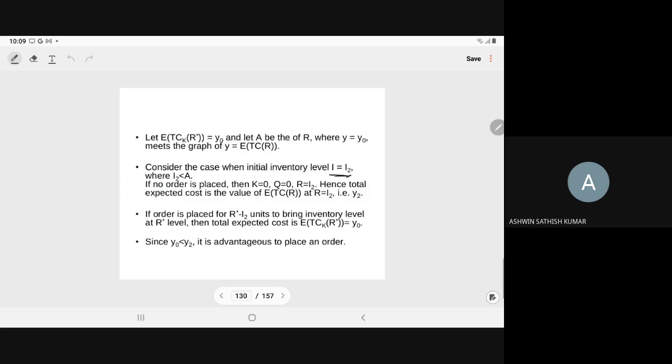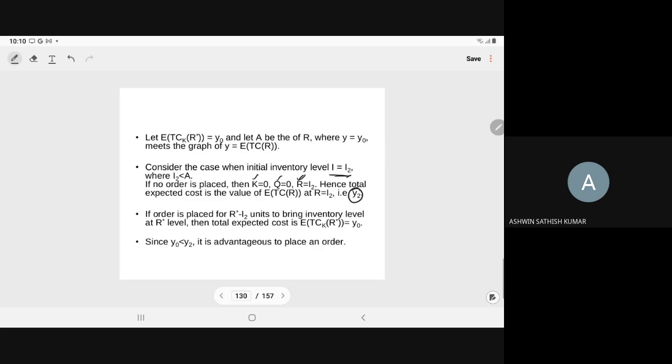If no order is placed, K is equal to 0 and Q is equal to 0. Because you have initial inventory I2, the inventory level will be I2, and the total cost will become Y2.